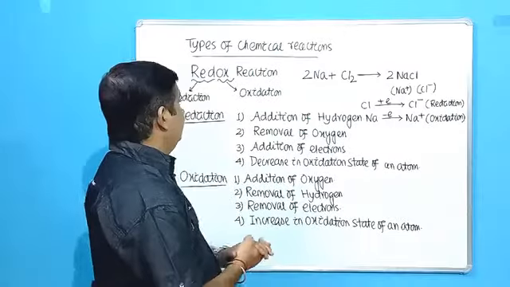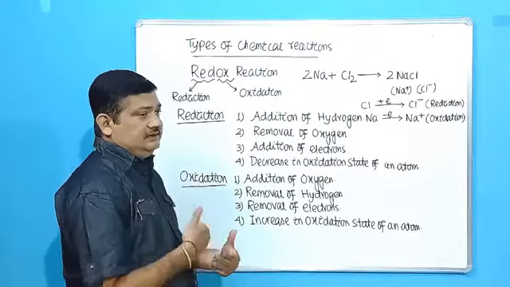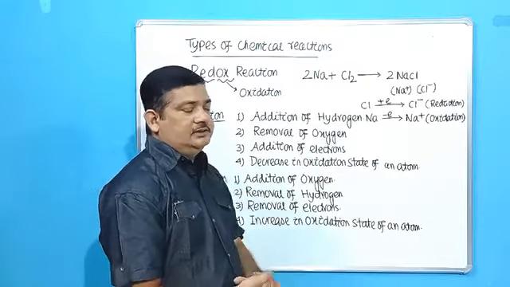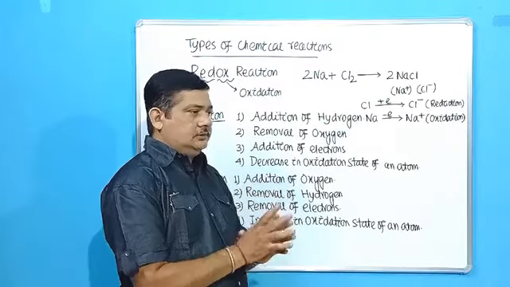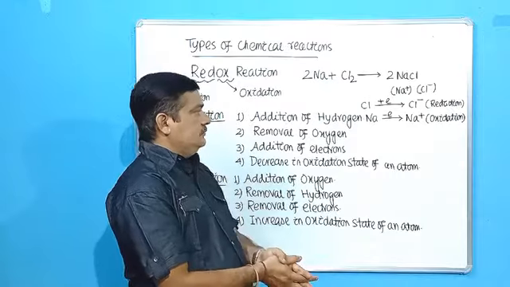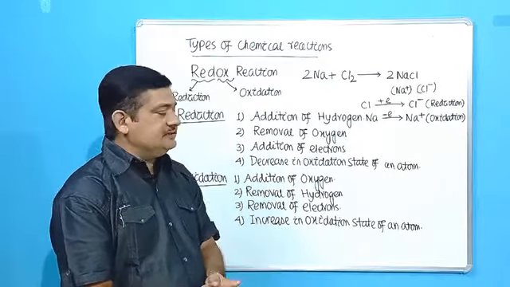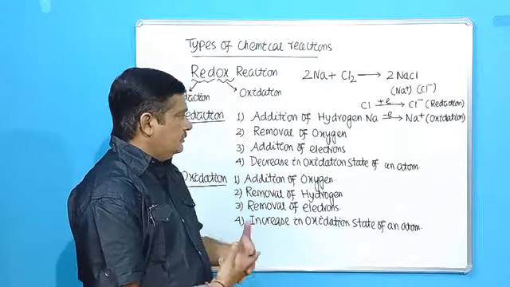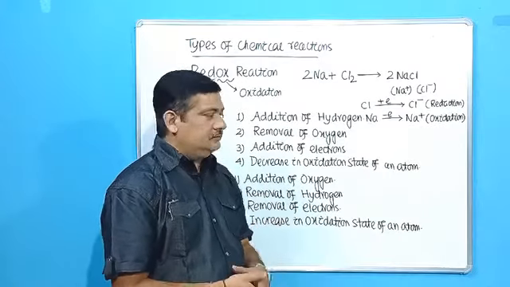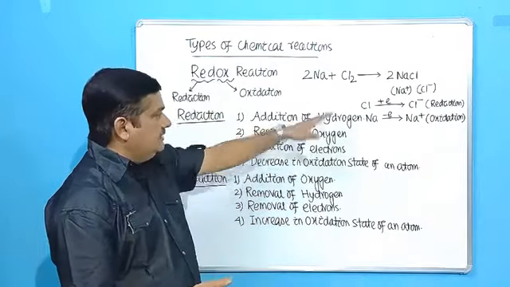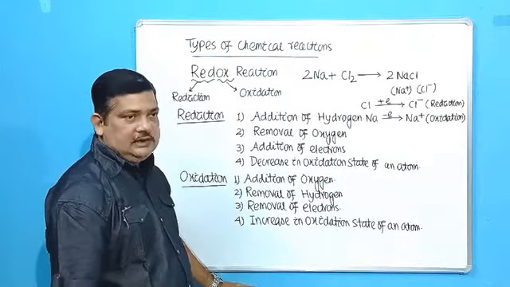Okay. So these are various examples of reactions. Apart from it, there are many other types of reactions also. So this is what is required for you, at least for the time being. Then this is an introduction of redox reaction.